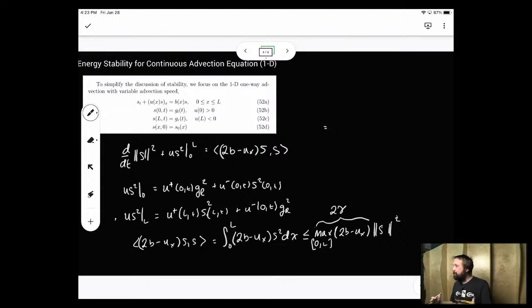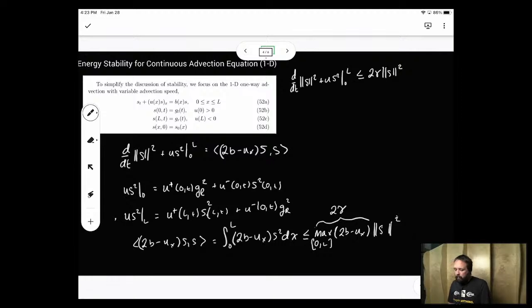I'm only saying 2 times gamma to be consistent with that 2014 paper from Kopriva and Gassner, in case you're following along. You guys who've done math before, make up whatever parameter you want. Just know that that's the definition, right? So what we've got at this point is d by dt of the energy squared plus the boundary conditions, us squared at 0 and L, has got to be less than or equal to, because now I'm putting a bound on this, 2 gamma s squared.